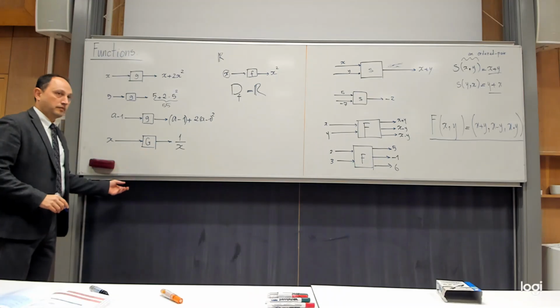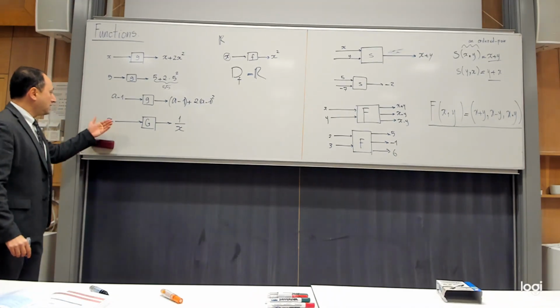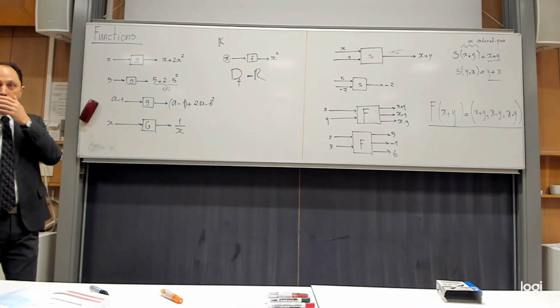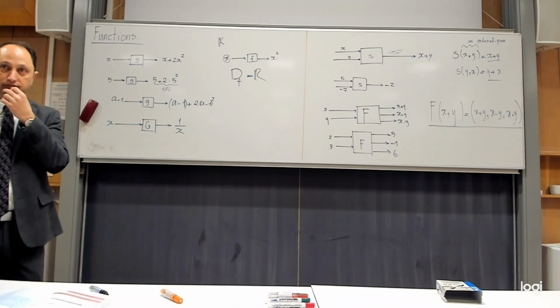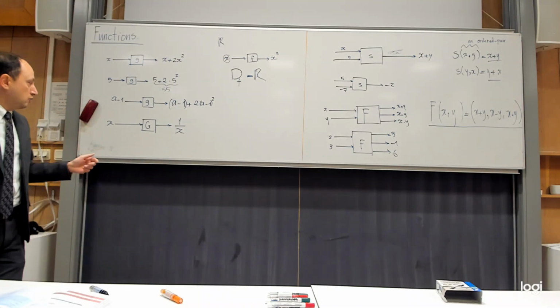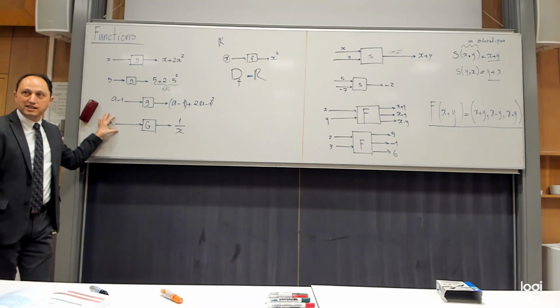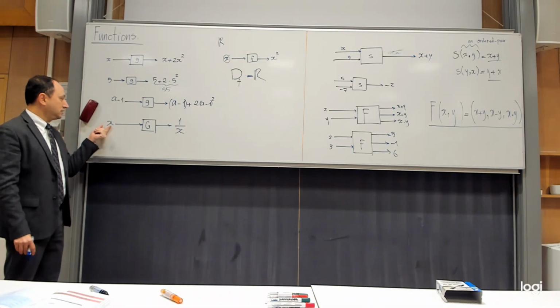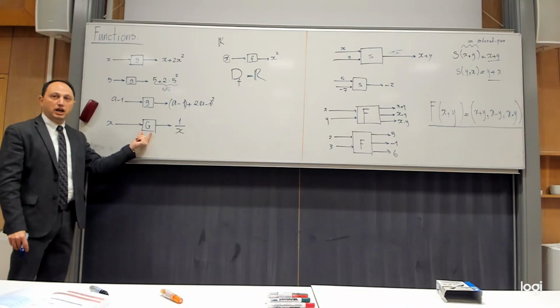Tell me, can I say the domain of this function g is also R? Yes, Rasmus? It's R with the exception that x cannot be 0. Exactly. Whatever you want, you can choose for x, except one exception, and that is 0. Because if I accidentally choose 0, I will get some error from the function.